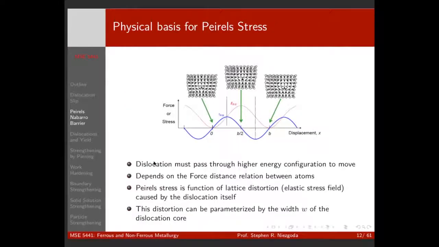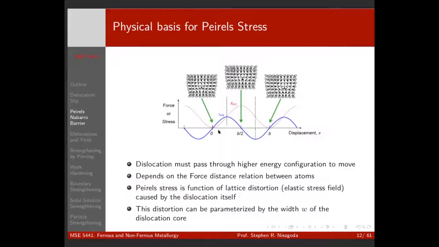So if we think about the physical basis for the Peierls stress, we start with an edge dislocation here, and we move it along. We have to pass through this high energy configuration where we've moved our extra half plane of atoms to the worst possible place they could be, and then once we're past that, they're going to snap over.